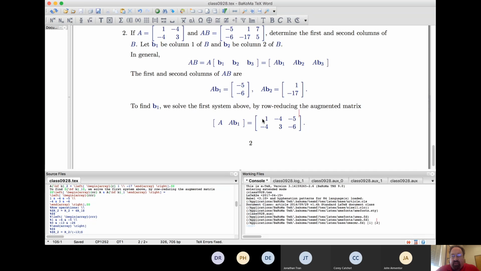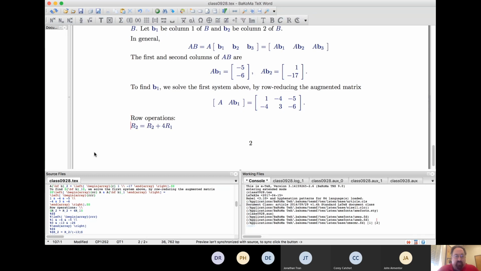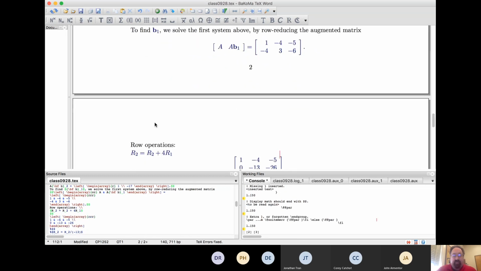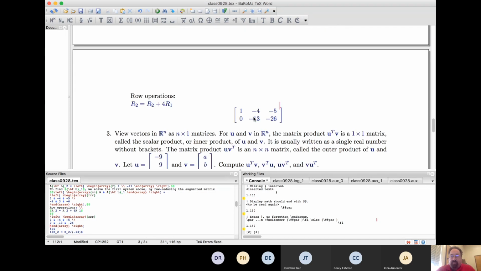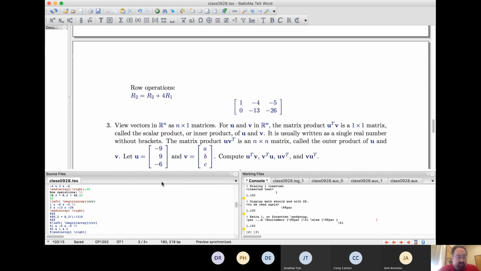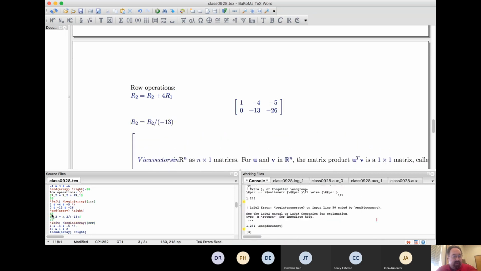If I take this row and add to it 4 times this row, fortunately, since it's such a small matrix, that'll be enough to get it into echelon form. But for convenience, I'll just take this second row and divide it by minus 13, just to make the rest of the solution process easier.